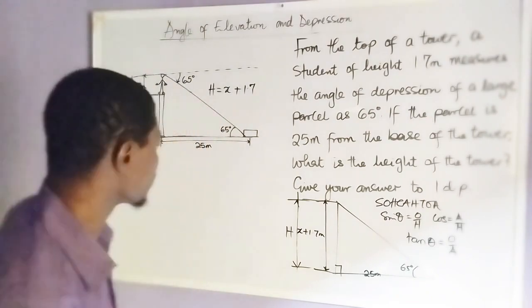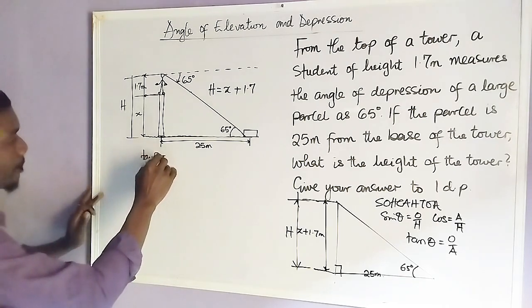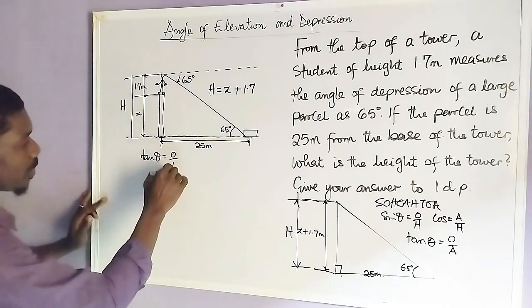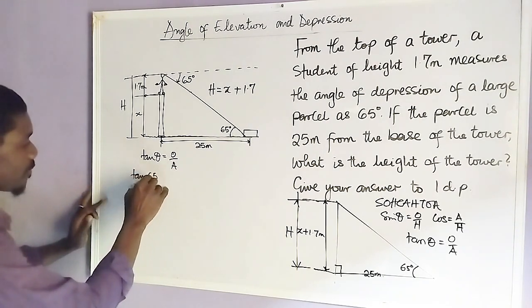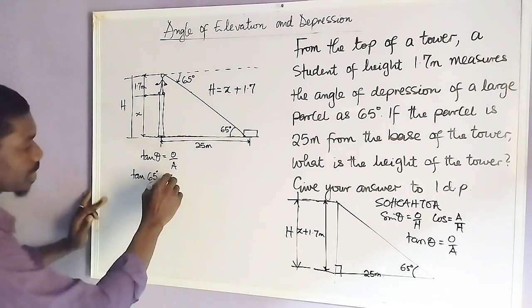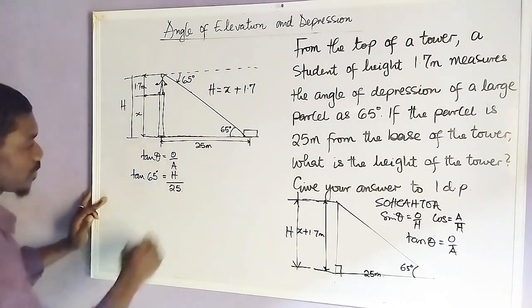So let us bring that here. We can now say tan theta equals opposite over adjacent, where our theta is 65, then our opposite is the height, all over 25.